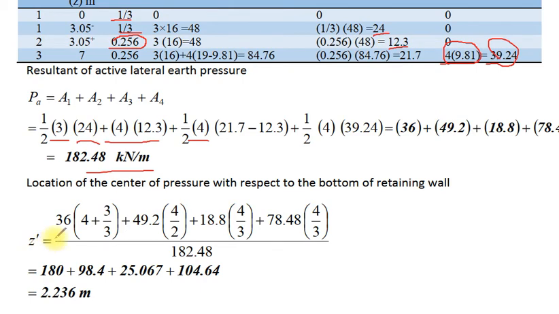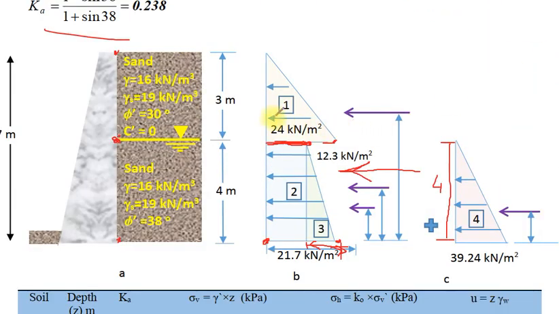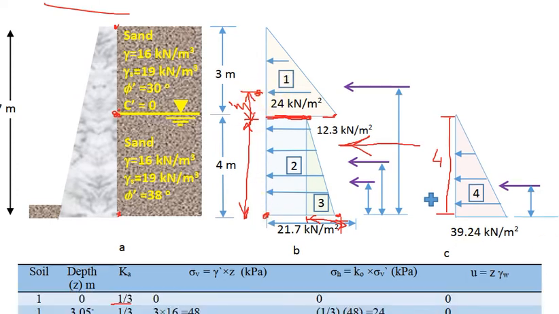Therefore, Z dash equals the force from area 1, 36, multiplied by the distance from this point, since it acts at 1/3 of the height of this triangle, 1 meter, plus 4 meters, equal to 5 meters.